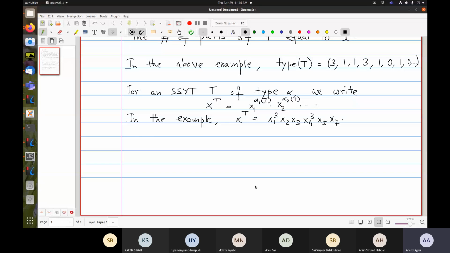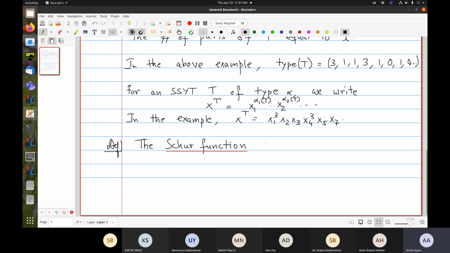Okay, so here is the key definition. There's something non-trivial already in the definition. Okay, the Schur function S lambda.